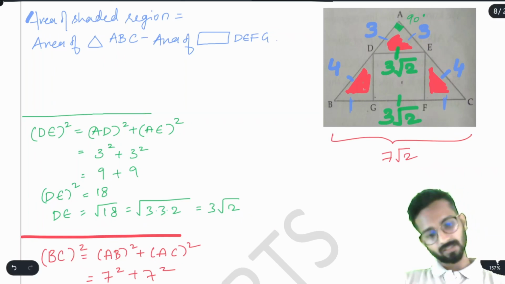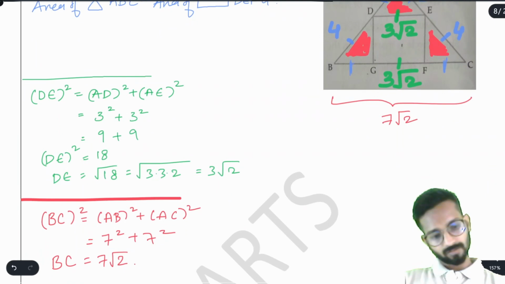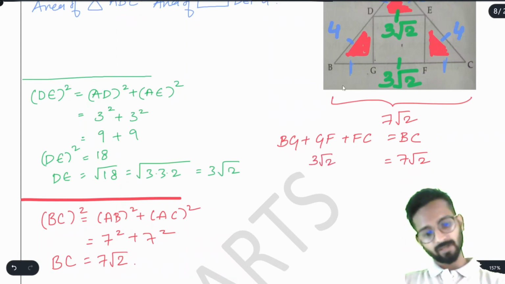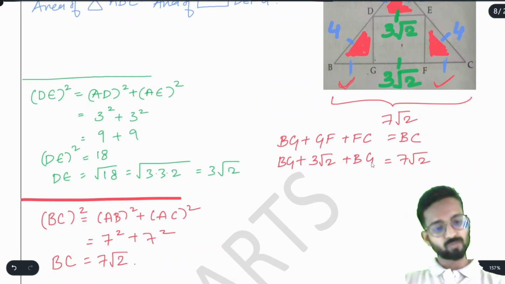So I can say that BG plus GF plus FC is BC. BC is 7 root 2. GF is 3 root 2. We know that BG and FC both are equal. So I can write here BG, and FC is nothing but again BG only because both are equal.